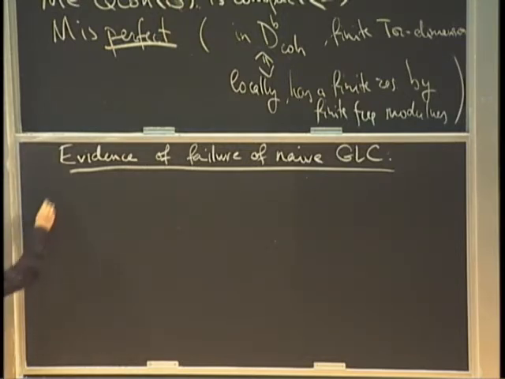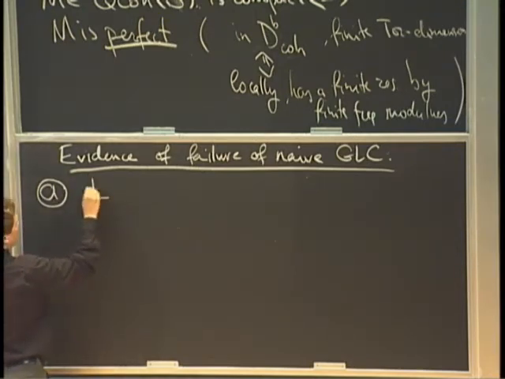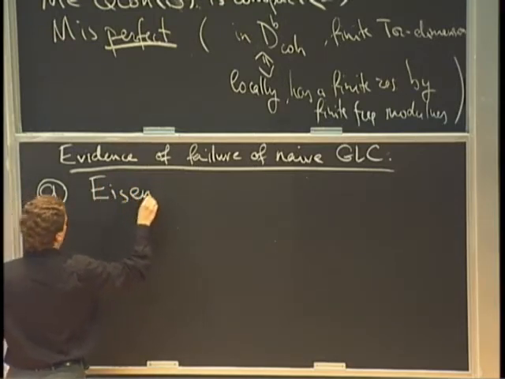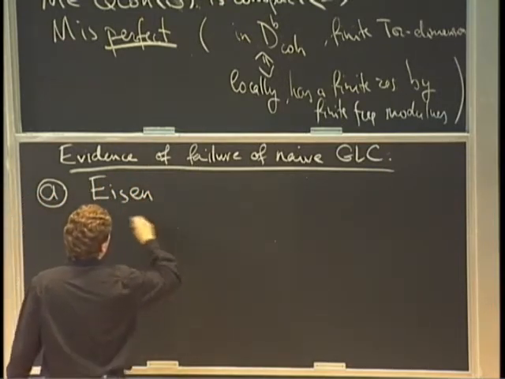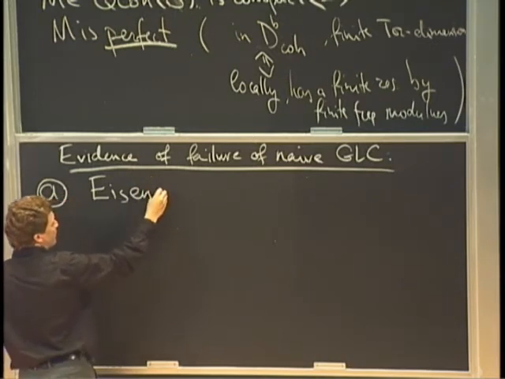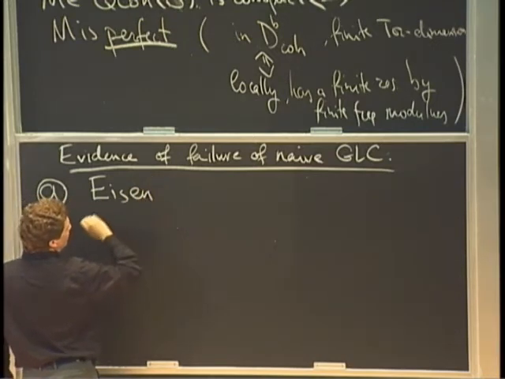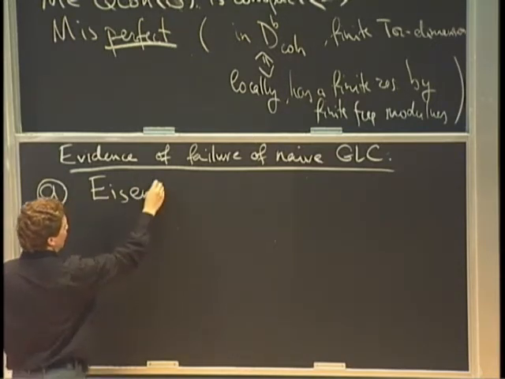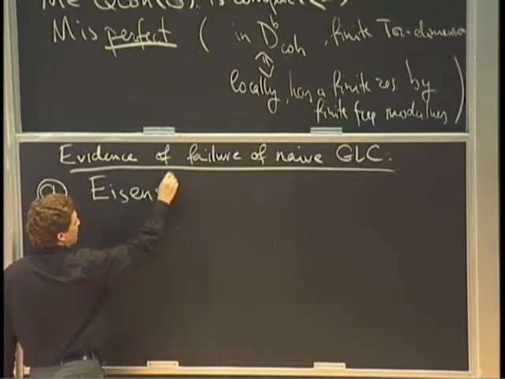I will look at two different ways to see what's wrong. Hopefully, at least one of them will be convincing. So one of them concerns this parabolic induction that I didn't actually say much about, so I'll call it the Eisenstein series construction.